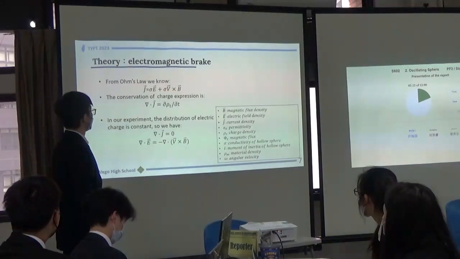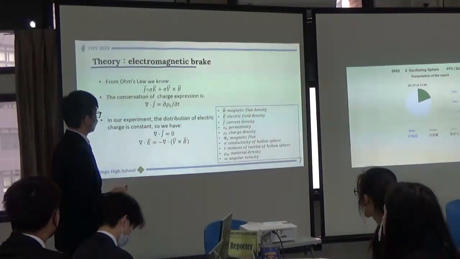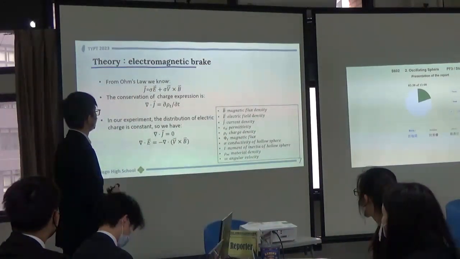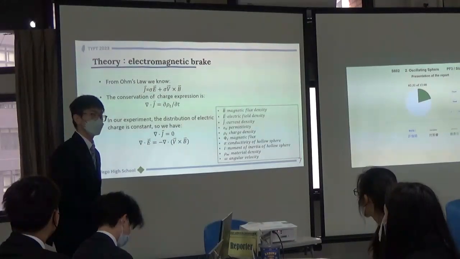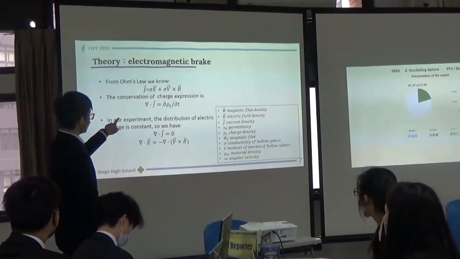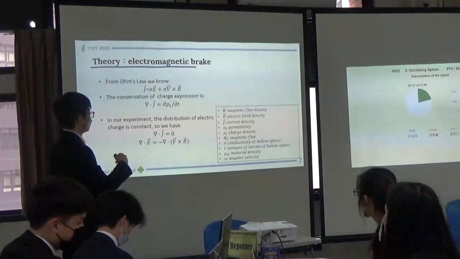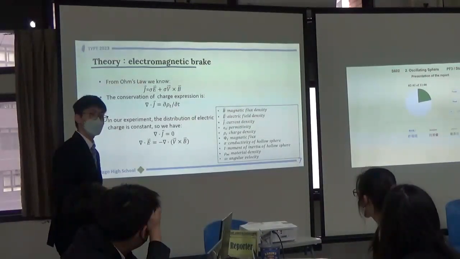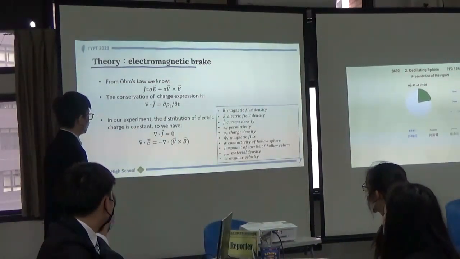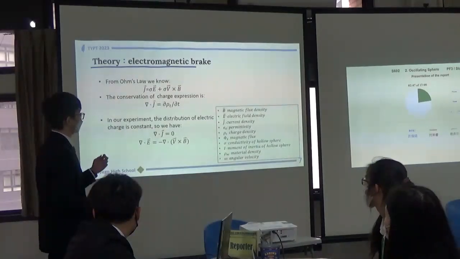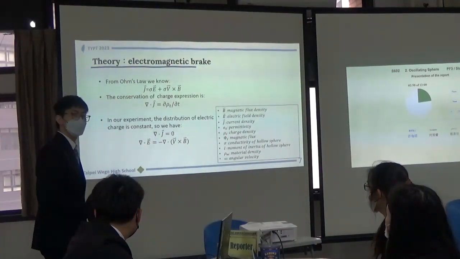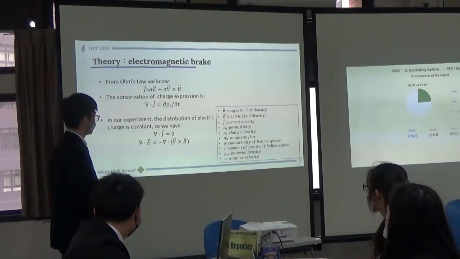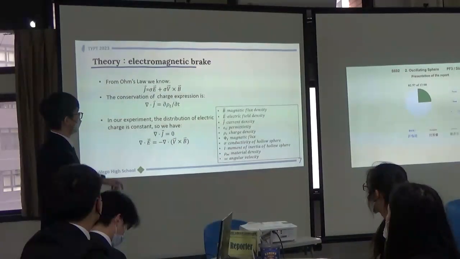From Ohm's law, we know that the current density equals this equation, and due to the conservation of charge, the divergence of current density equals the partial derivative of charge density with respect to time. In our experiment, we consider the distribution of electric charge to be constant, so the divergence of current density is 0. Therefore, we get the equation down here.